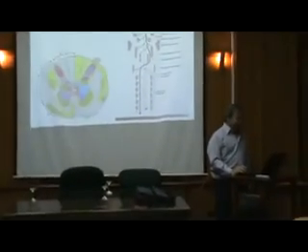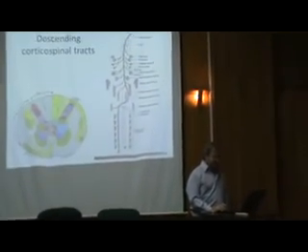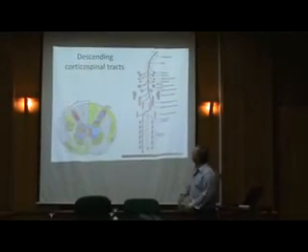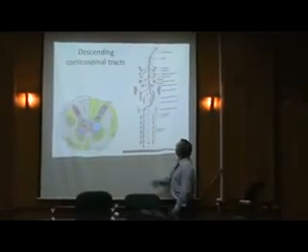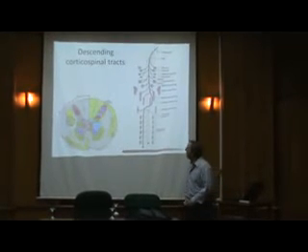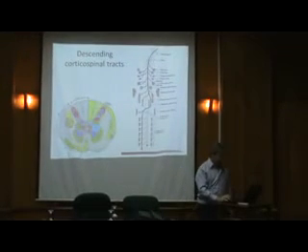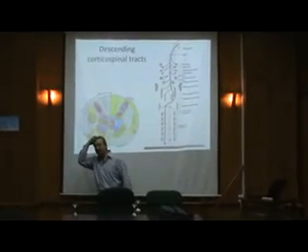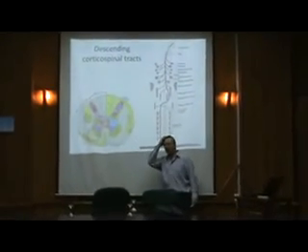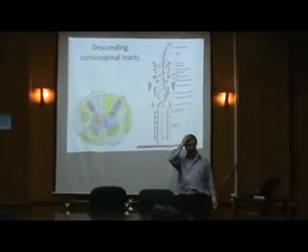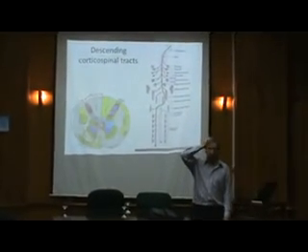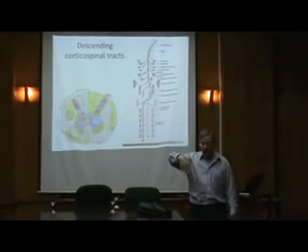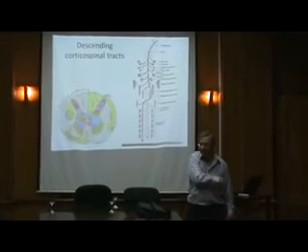And what we have right now is the descending corticospinal tracts. We have one crossed corticospinal tract and one uncrossed corticospinal tract. So these tracts come from the motor cortex, and from motor cortex they descend over the brainstem, and most of the fibers cross contralaterally.